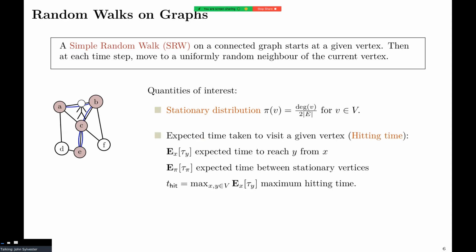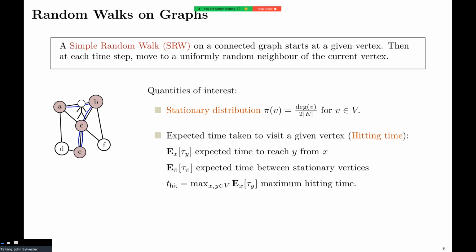So I'm going to show you three variations now. The most fundamental one is between pairs of vertices: E_x tau_y. This is the expected time for a random walk to visit y from x. For this slide, just think of a fixed static graph, and this expectation is with regard to all trajectories of the walk. Tau_y is the stopping time when you hit y.